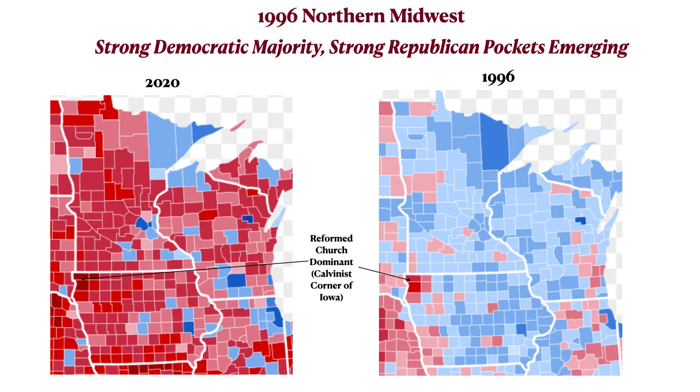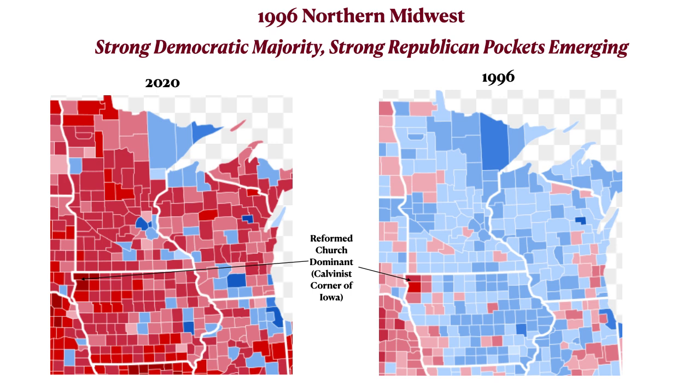I do note that in 1996, there's a very Republican corner of Iowa, and that is where the Reformed Church, originally the Dutch Reformed Church, which was originally a Calvinist, very theologically conservative branch of the Christian religion, dominates. There's an area in Michigan where you see the same thing.